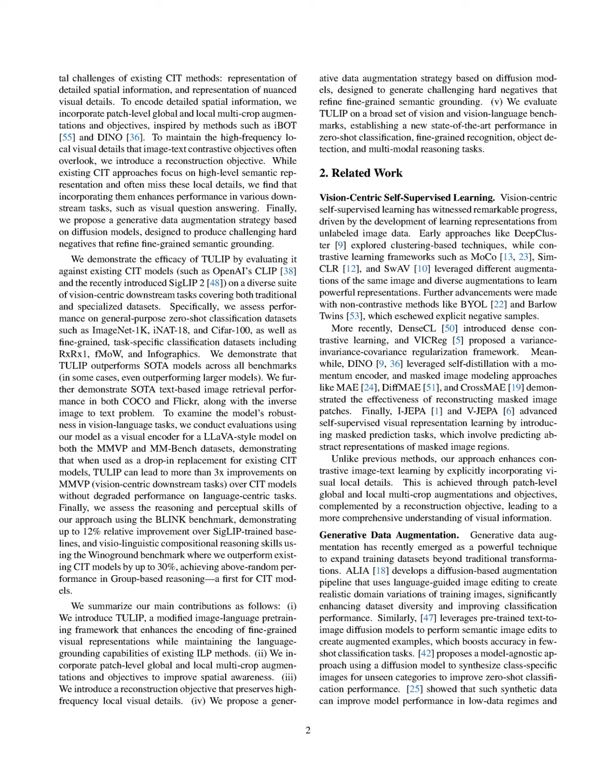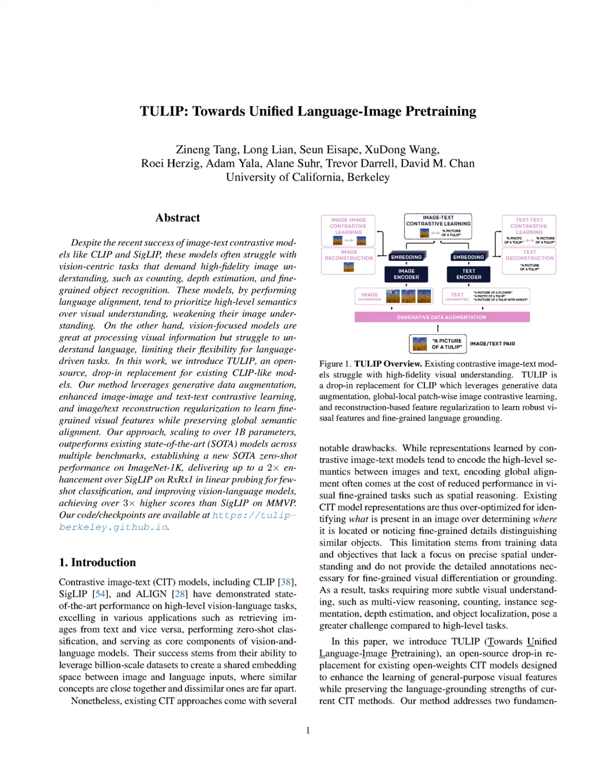Metrics measured include zero-shot classification accuracy, retrieval performance, and reasoning skills, with TULIP demonstrating state-of-the-art results, including over 3x improvements on MMVP tasks and up to 30% better performance on the Winoground benchmark compared to existing CIT models. Overall, the experiments highlight TULIP's enhanced encoding of fine-grained visual representations and its effectiveness in both vision-centric and language-centric tasks.